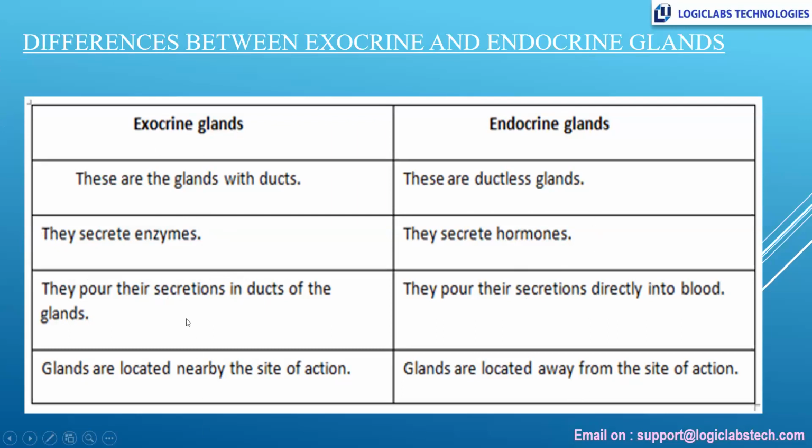Next, because exocrine glands have ducts, they are located nearby the site of action, where the secretion has to be released. Whereas endocrine glands, because they secrete hormones that pour into the blood, are located away from the site of action, which means where it has to get a response, it will be very far.